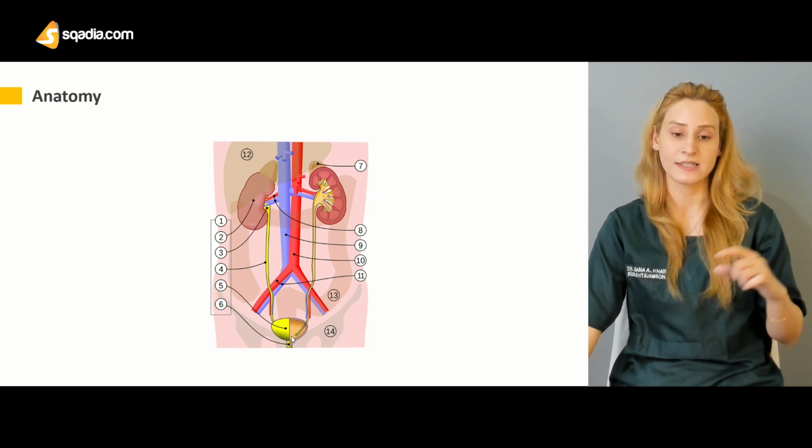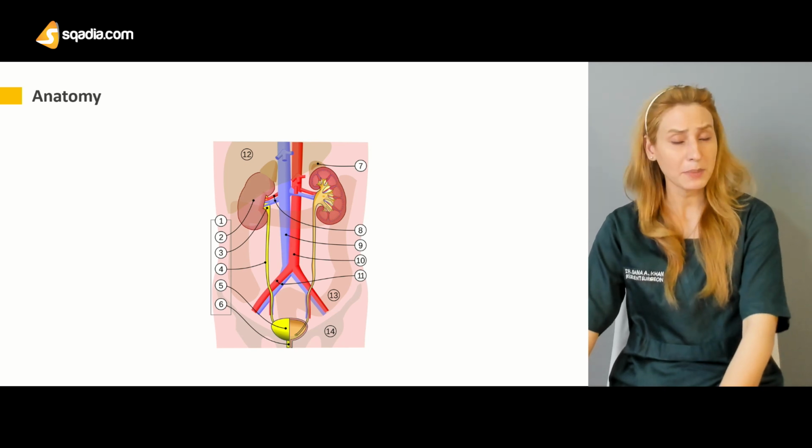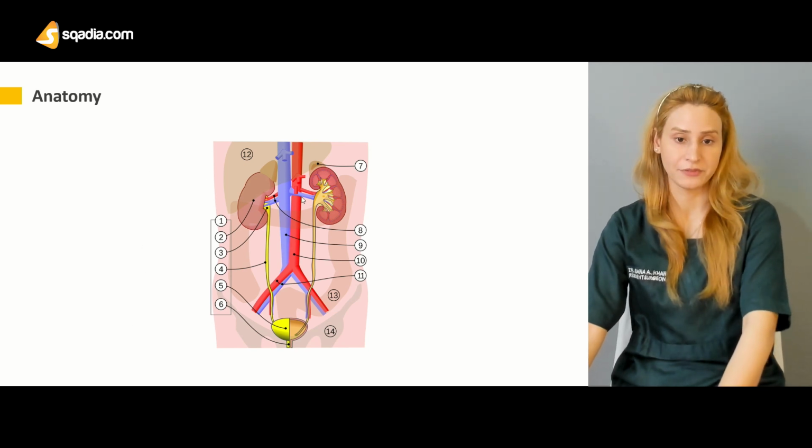The trigone then gains entry into the urethra, and that makes up the lower part of the urinary tract.